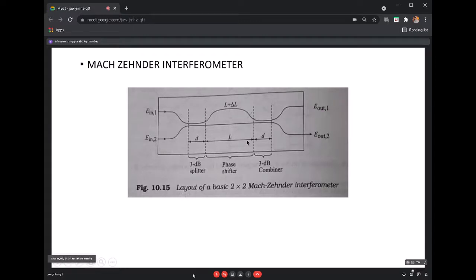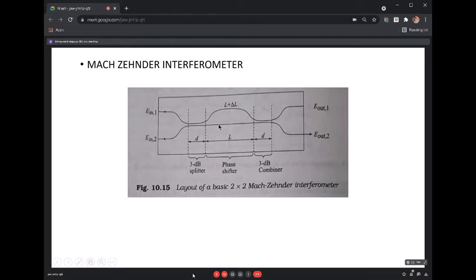So here you can see the difference. One arm is direct, length L, whereas the other is bent in that shape, that means L plus delta L. Why is the difference delta L created in this phase shifter? In order to give a wavelength dependent phase shift.